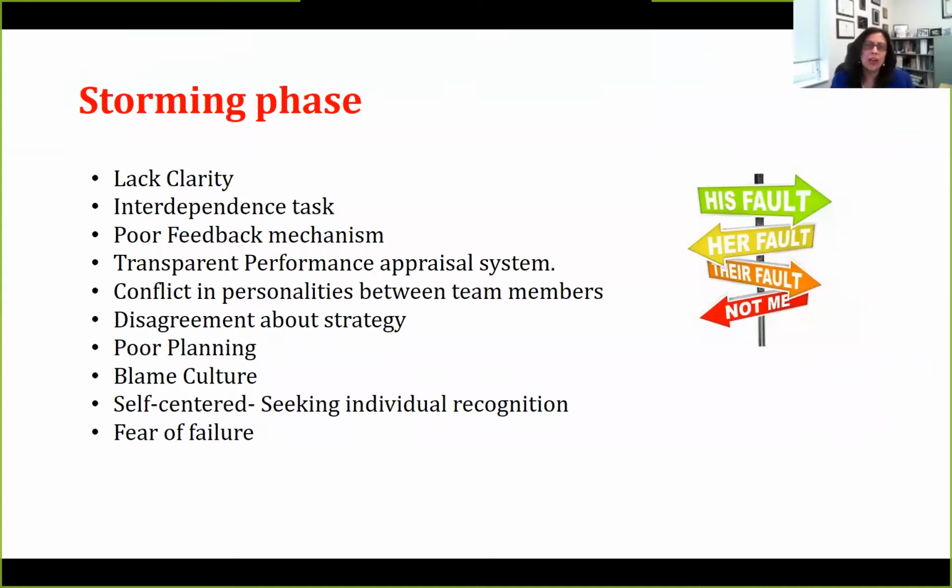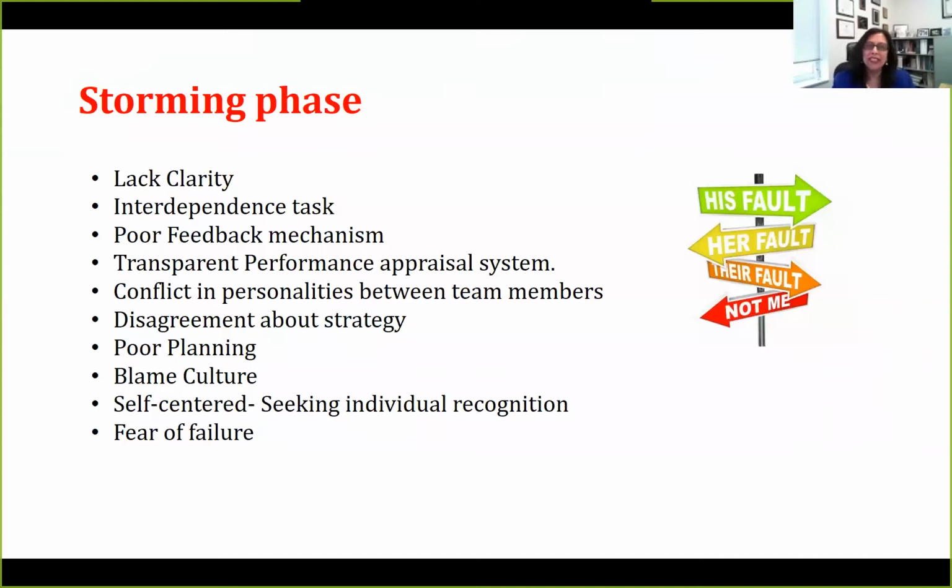And if these things are not in place in the storming phase, the team does not become cohesive. There is also conflict in personality between team members. As I mentioned in my earlier slide, there is Myers-Briggs, and there are several personality type tests. One we have used in our course is the PACE color palette.